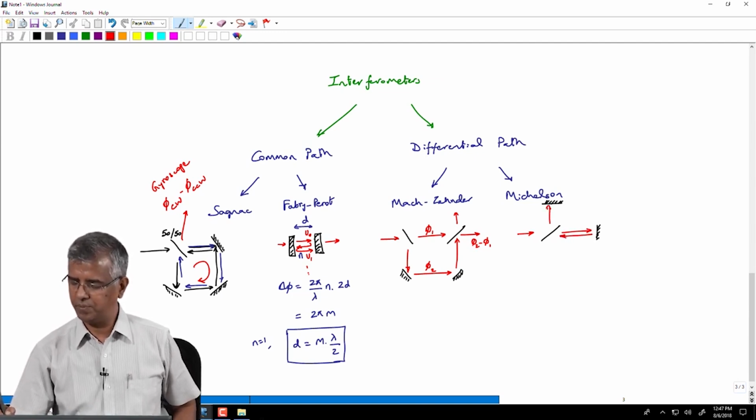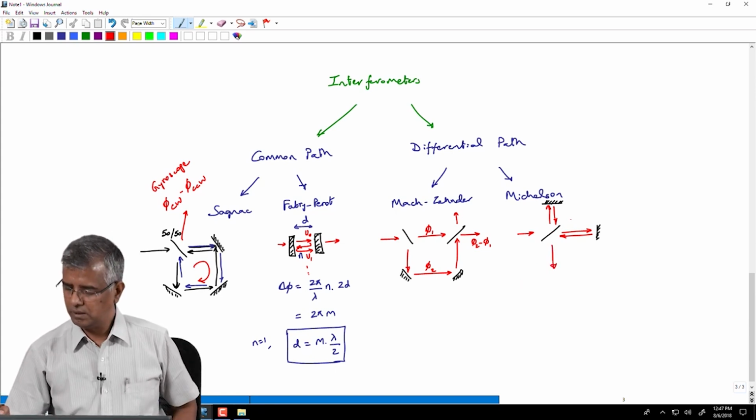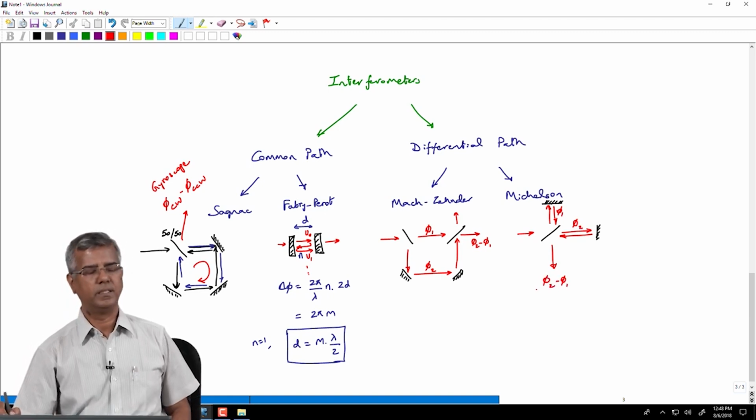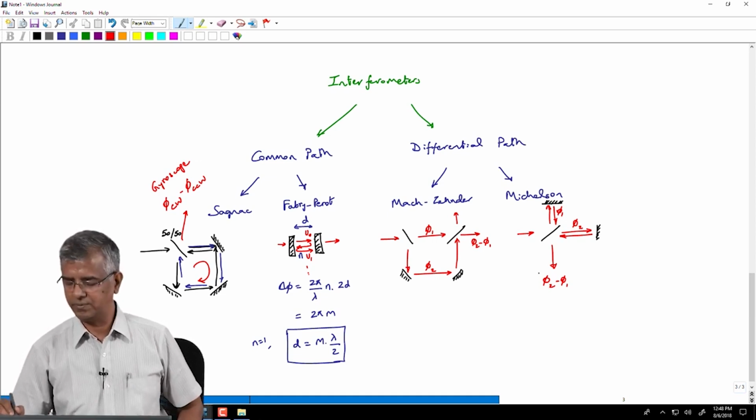Similarly, the other 50% goes this way and it's reflected back. And if you observe this, you have a differential phase shift. Let's call this phi 1 and let's call this phi 2, and depending upon phi 2 minus phi 1, you can have constructive or destructive interference.